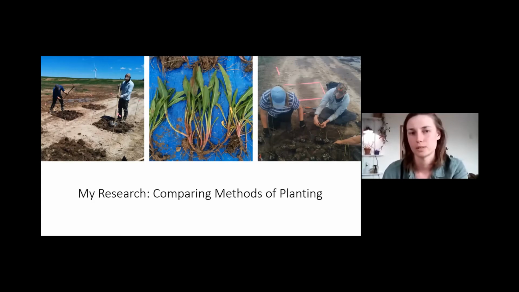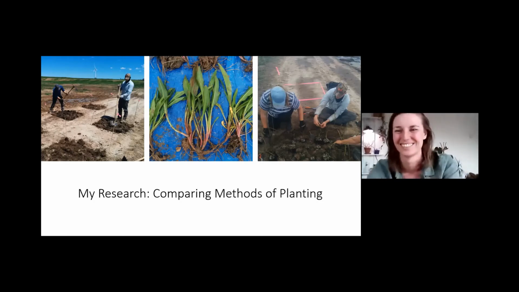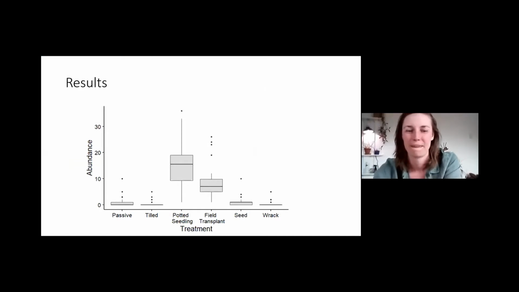And I also planted this material called rack, which is basically just like a mat of dead vegetation. And it's naturally found in the marsh, and it's been shown to contain seeds in the past, so we just kind of put some of that in the ground to see if anything would come up. And then I kind of monitored the health and the growth of those plants over the course of the growing season.